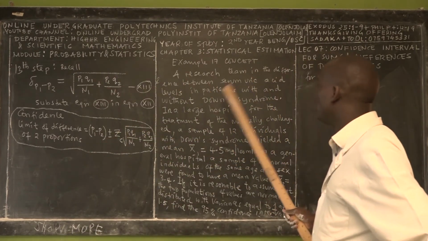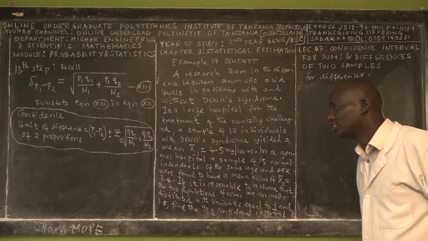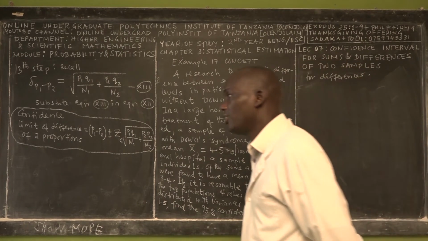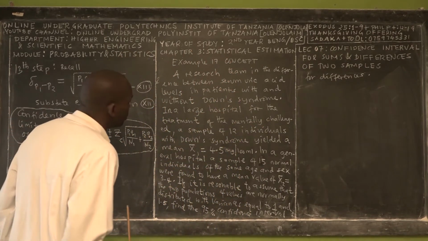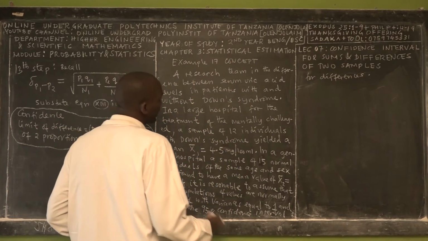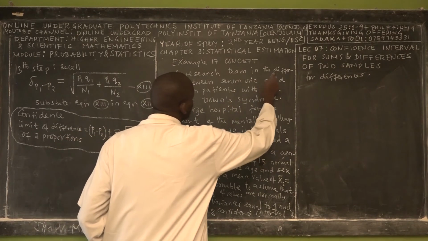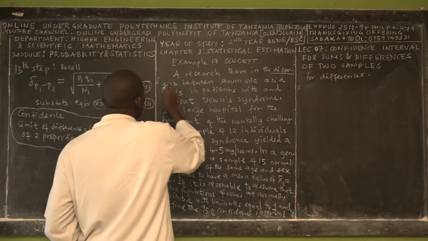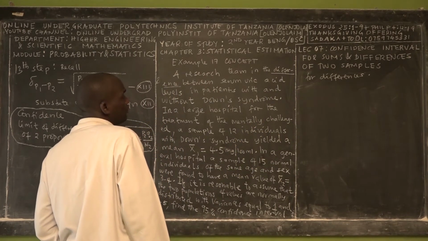A research team was studying the difference between serum uric acid levels. Because you have copied it, I can highlight some keywords. The research team was looking at the difference in serum uric acid levels in patients.